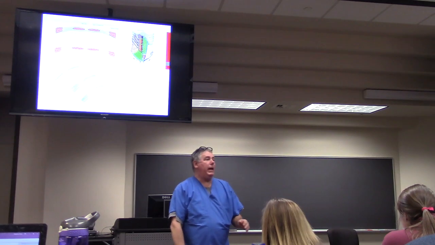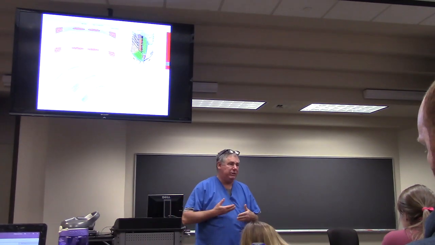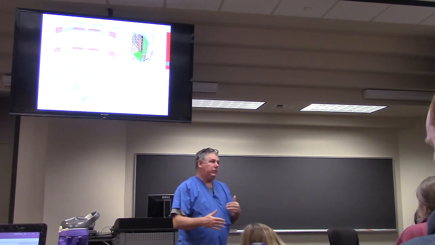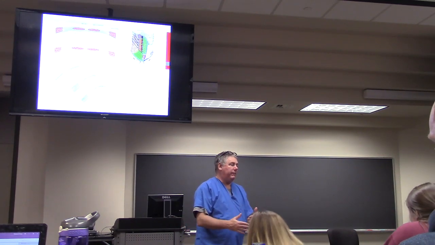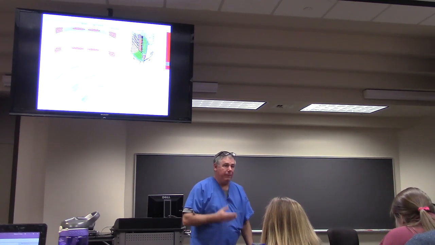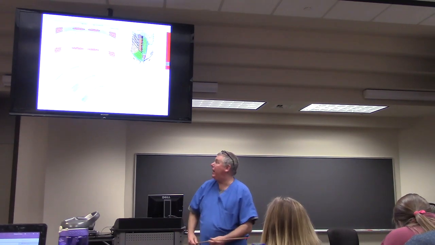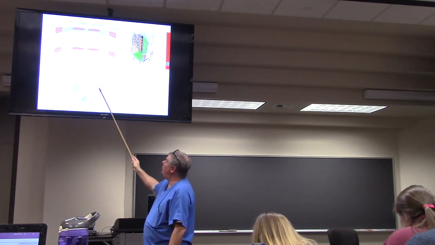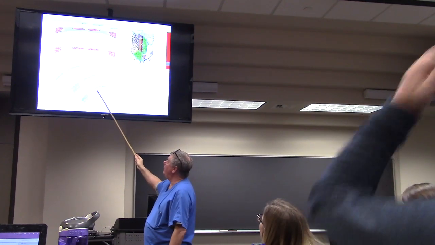If you look at different cross sections of the rectus abdominis, the anterior and posterior rectus sheath are made up of different structures. If you start up here and up high, there's the rectus abdominis right there.